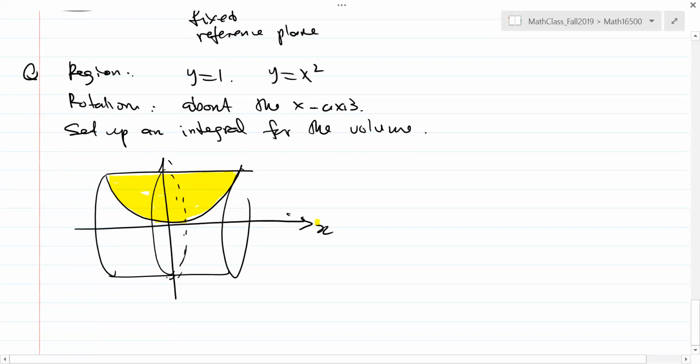I think you can use a cylinder, but you can also use this slice by slice. Okay, so this is the y-axis. This is the z-axis. I'm going to use the plane parallel to the y-z plane to cut it. So the idea is to get a disk.